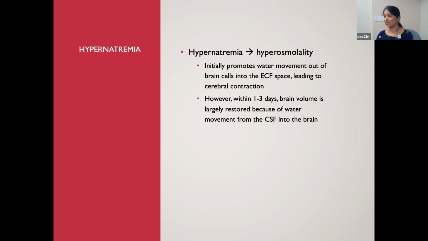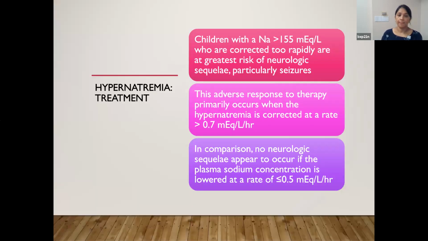But ultimately, you will do slower, unless they're dry and their blood pressure is low, they're tachycardic. You can do the slow correction with dehydration as well. If you correct too rapidly, they will have neurological sequelae, especially at like 155, 160, somewhere there.